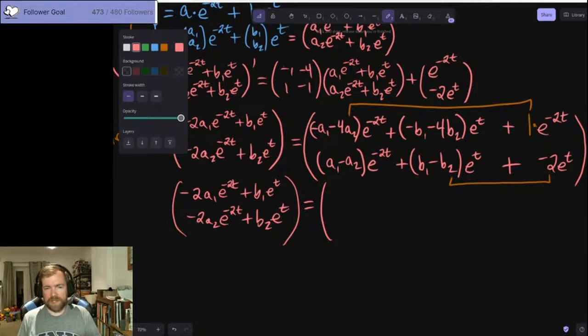Because there's no possible way for a constant multiplied by e to the t to come up with e to the negative 2t. It's just not going to happen.